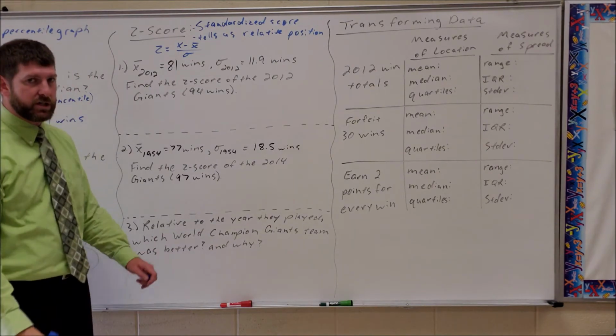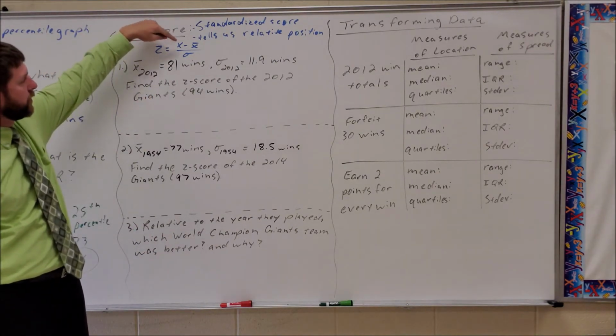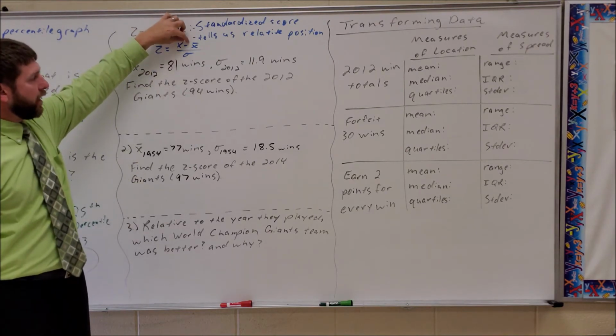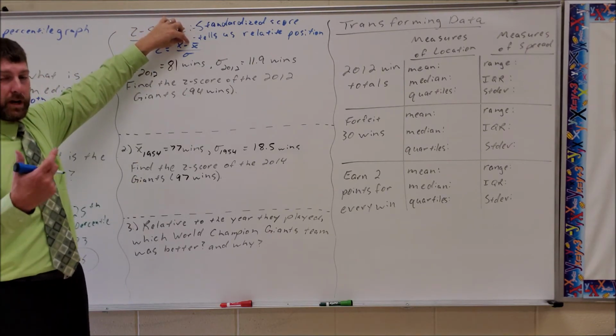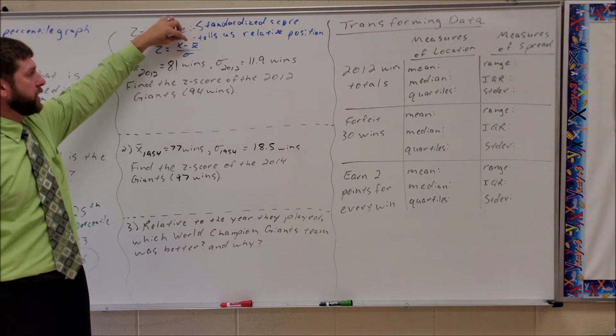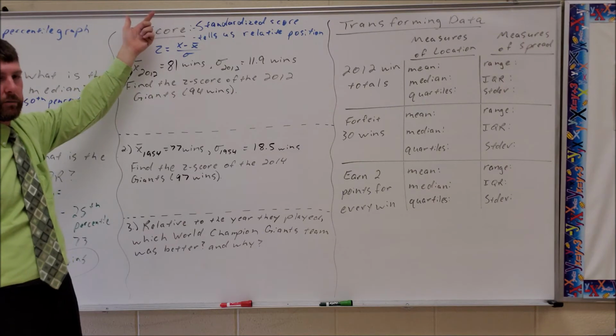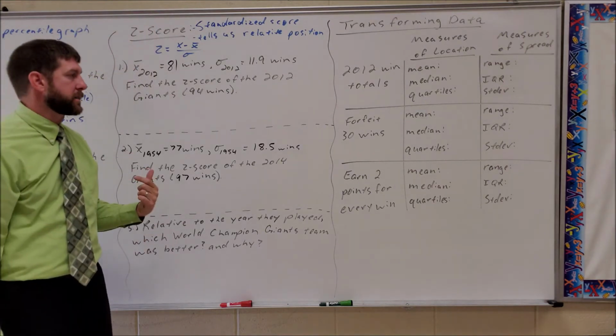So you'll see this formula: z is equal to x minus x bar over standard deviation. So how far am I from the mean? If it's positive, I was above average, I was above the mean. If this difference is negative, then I'm below average, so I'm less than the mean.